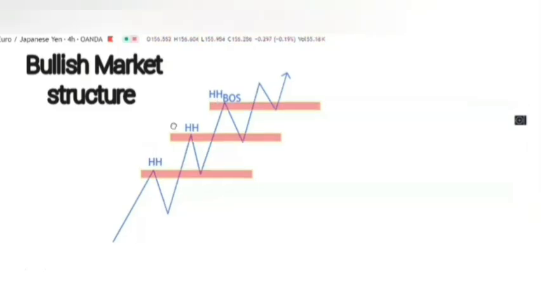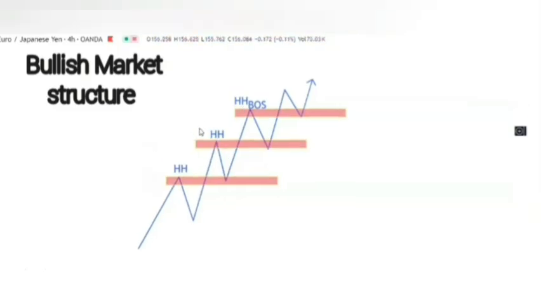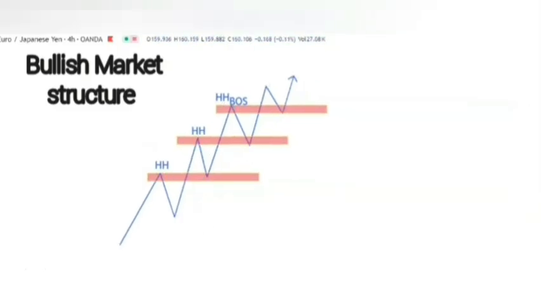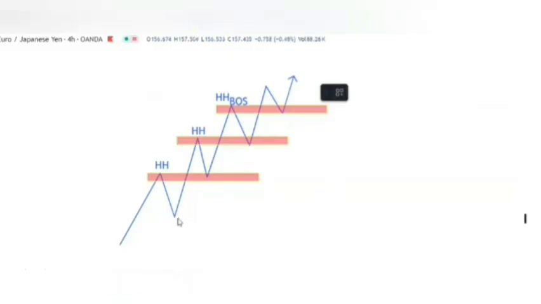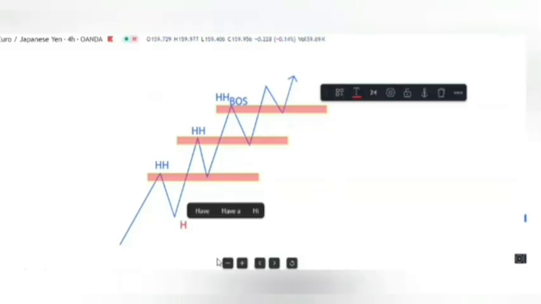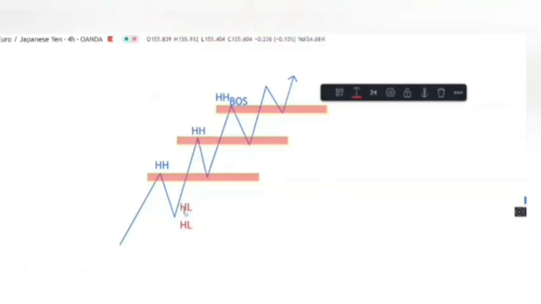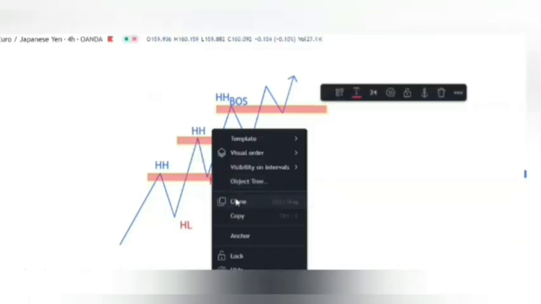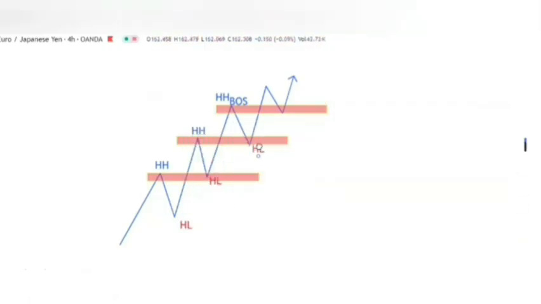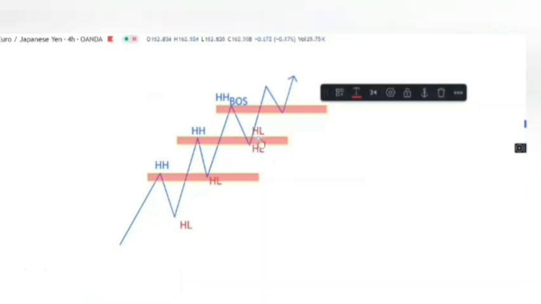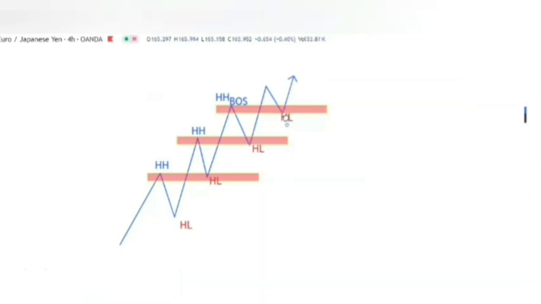Also the price creates higher lows. This is a higher low, and that is another higher low and another higher low as the price goes to the upside. So this is the typical bullish market structure.